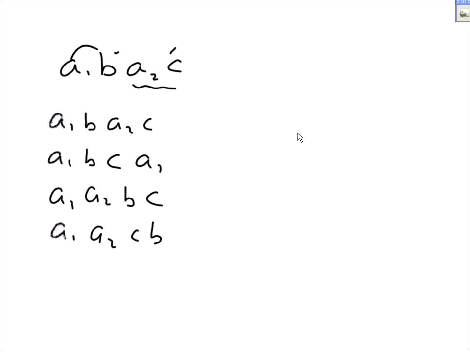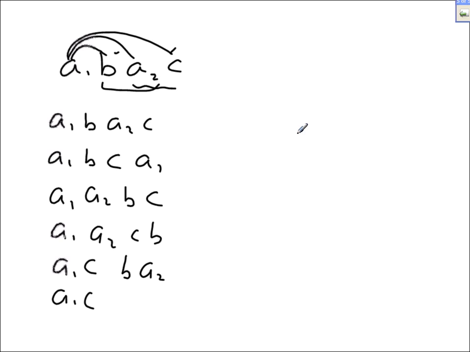So I did A1 with B, then I did A1 and then A2. Now I'm going to do A1 and C. So B and A2 are left over. I can have B and A2, or I can have A2 and then B. There are 6 of them.